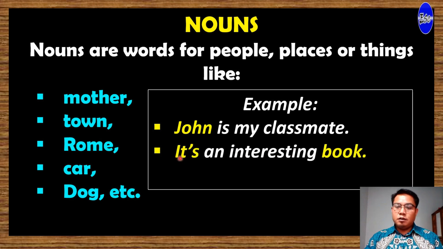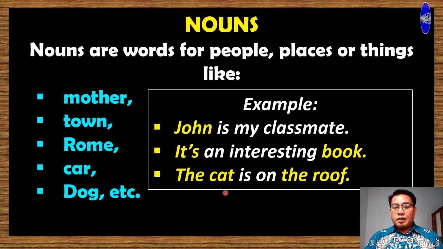It, this is a noun, especially a pronoun. Book, you can see that, book. The cat, cat is an animal, so animal is also a noun. The roof, this is a kind of place, but you can see the roof, so place is also classified as a noun. Good.